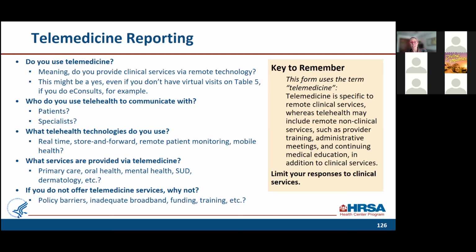If your health center has virtual visits on table 5, then you should be reporting that, yes, they do use telemedicine to provide remote or virtual clinical care services here. The opposite is not necessarily true. A health center could reply yes and provide telehealth services and not have countable visits on table 5.